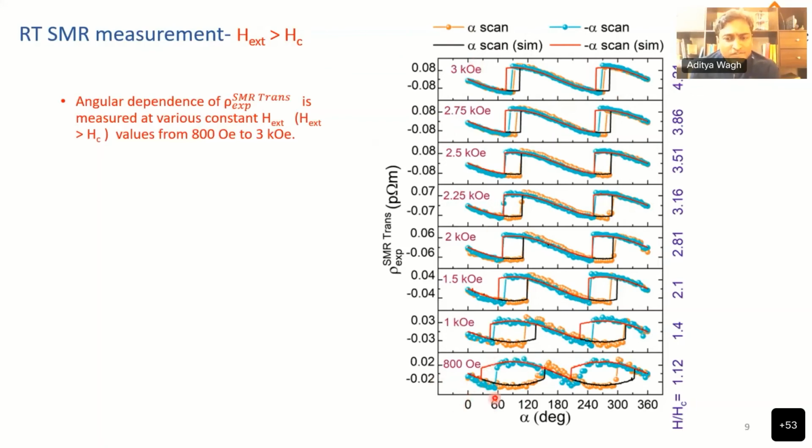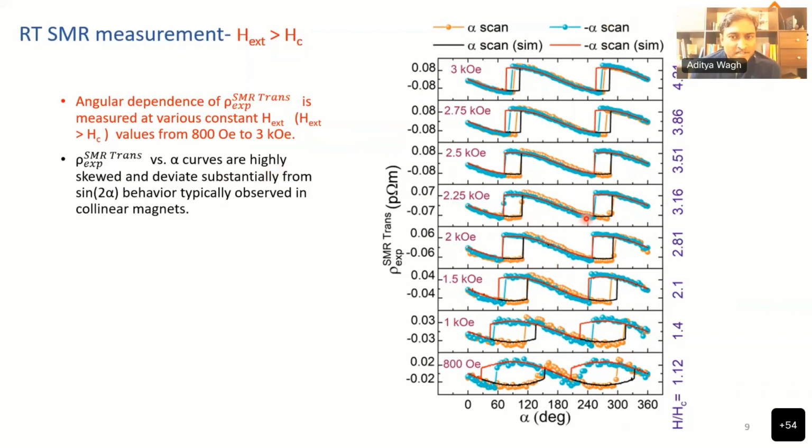We see very broad hysteresis in the measurements, and as you increase the field, there's a decrease in the hysteretic region. It also clearly indicates that your Zeeman energy at high field is competing with and dominating your anisotropy energy. We could also do simulations, and you can see they are fairly able to reproduce our experimental data.